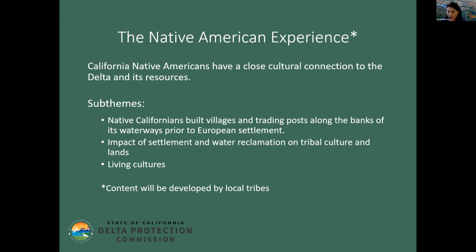We already have quite a few folks who are part of the task groups and the advisory group from the United Auburn Indian Community and other areas who have provided some comments, though we would love to have more. We've created some of these themes based on the comments we've gotten to date, so this is content in development. Any questions on this one?